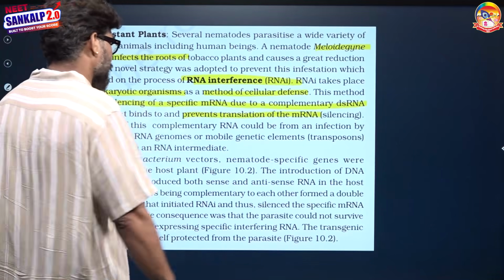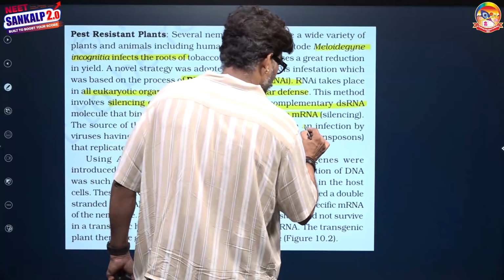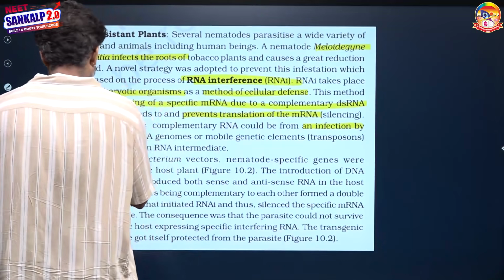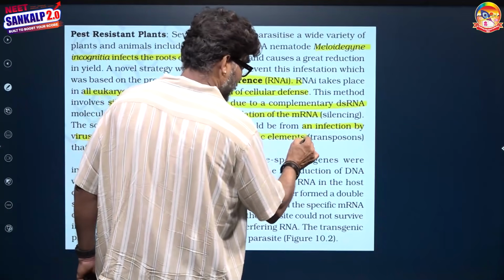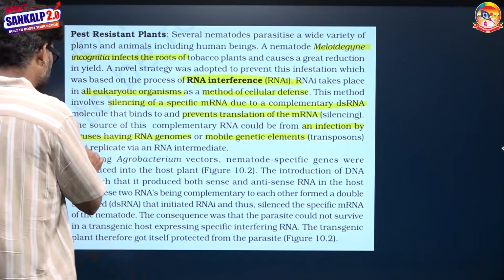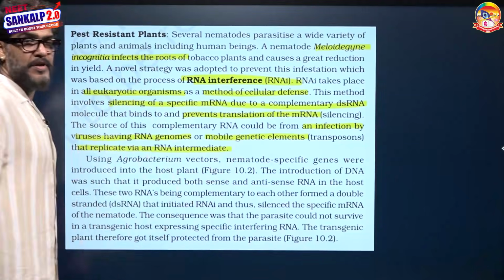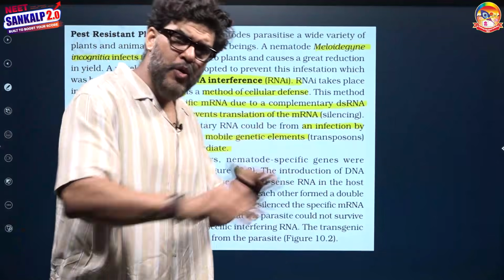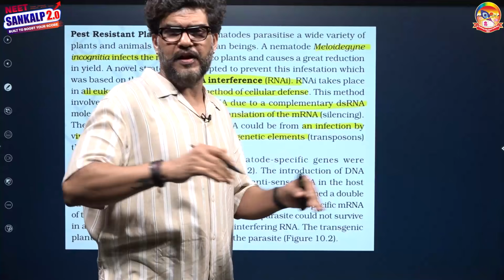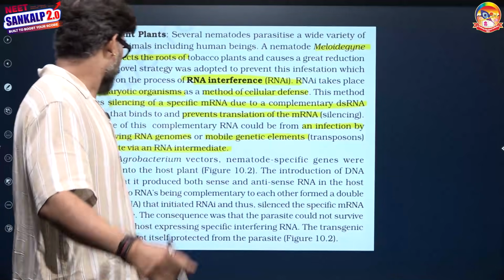The source of this complementary RNA could be from an infection by viruses having an RNA genome, or it may be any mobile genetic element, meaning a transposon, that replicates via an RNA intermediate. These highlighted points, just memorize. Not even a single question on RNA interference can ever go wrong.